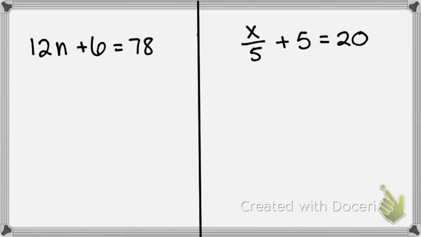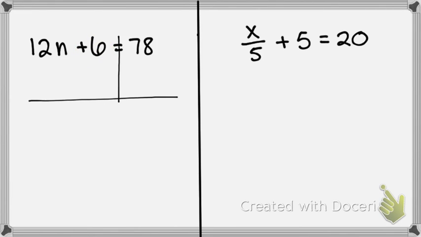The first example here, we have 12n plus 6 is equal to 78. I'm going to go ahead and put a line like that. I need to get rid of the constant that's next to the variable. In this case, my variable is n. So I need to get the constant 6 and move it to the other side.